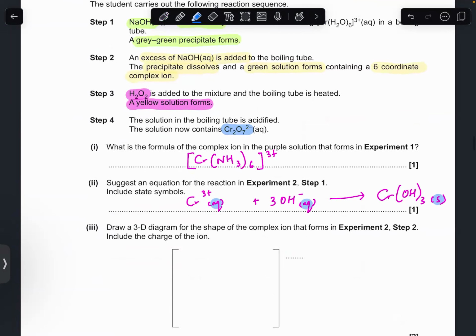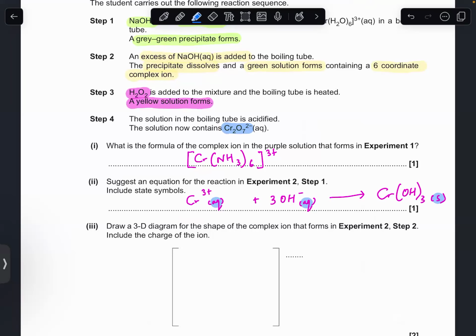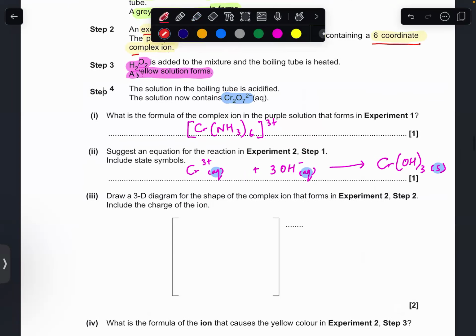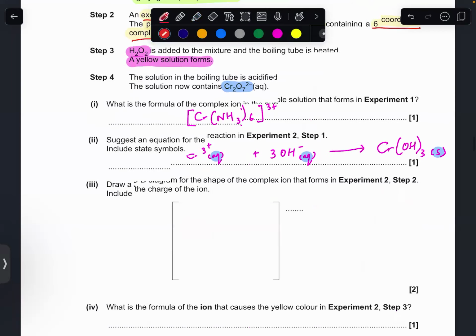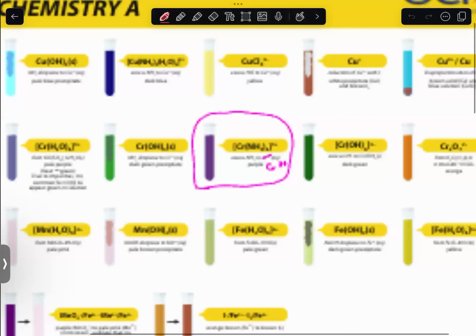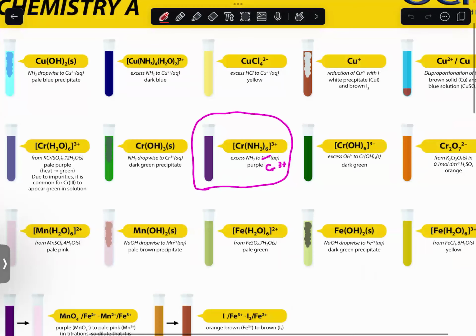Draw a 3D diagram for the shape of the molecule that forms in experiment 2, step 2. It tells us that it forms a 6-coordinate complex ion, 6 bonds, so it'll be octahedral. You're adding excess sodium hydroxide, and the precipitate dissolves. Going back to that chart, when you're adding, this is chromium.